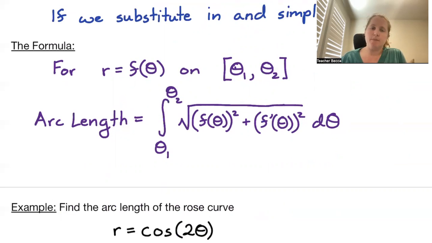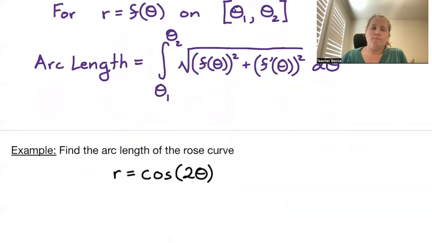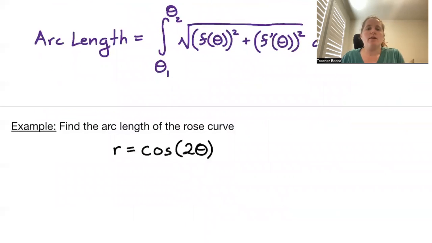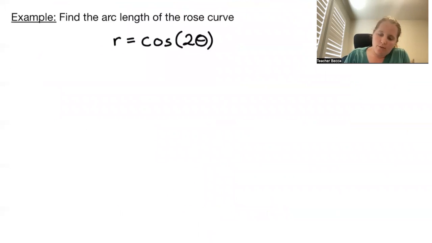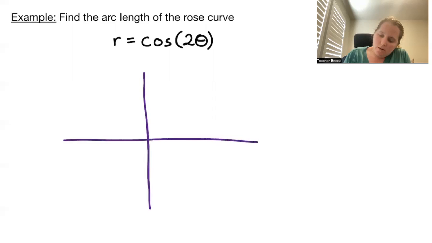So for example, let's go ahead and find the arc length of the rose curve r equals cosine of 2 theta. This rose curve winds up looking like a 4-petaled rose.